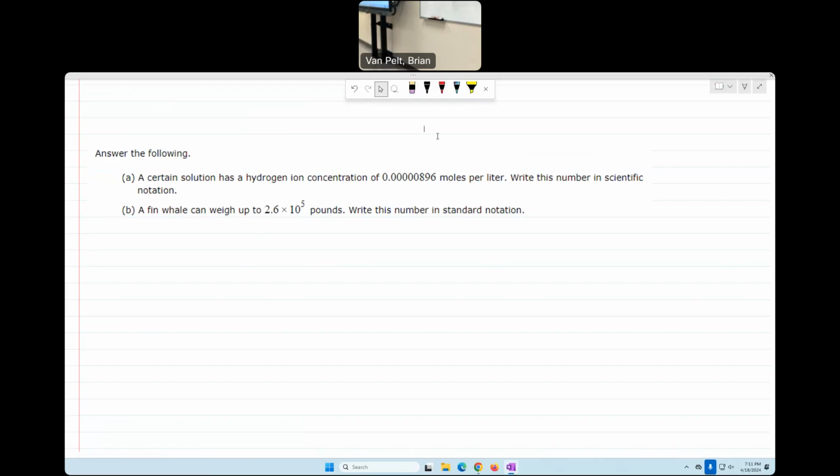So it's 0.96. Did your calculator tell you that? Mine told me 10 to the negative 6.